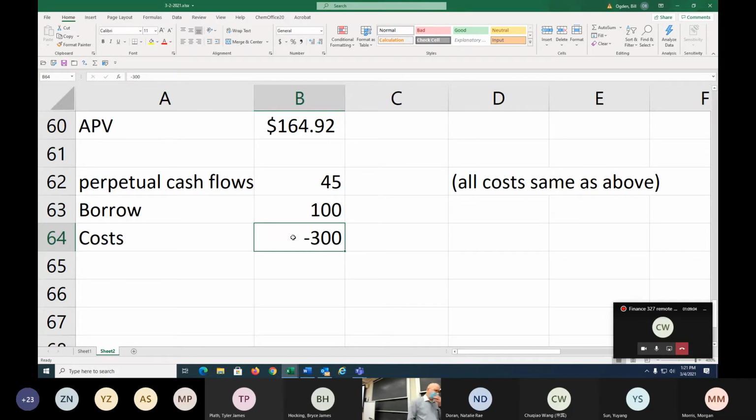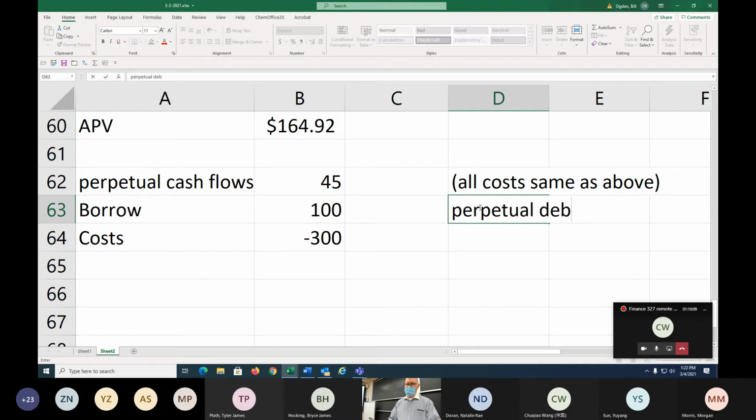Go ahead and value it for me. And make the assumption again that that is perpetual, nothing new here.